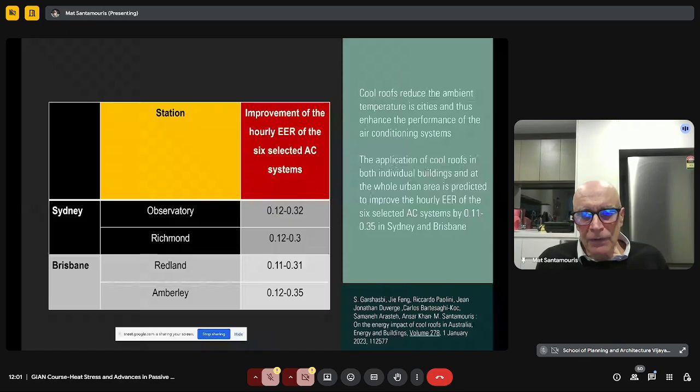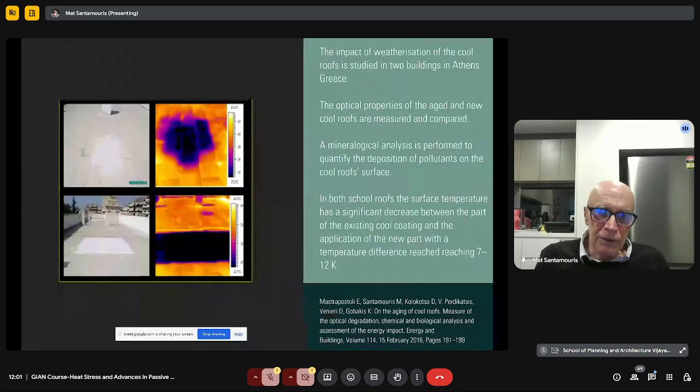So the lower the temperature in the atmosphere, the better the performance of the air conditioners. We have seen and calculated that large implementation of cool roofs in Australian cities may increase the performance of the air conditioning by almost 10% or a little bit higher. So 10% better performance means a lot of energy, means much lower cost.